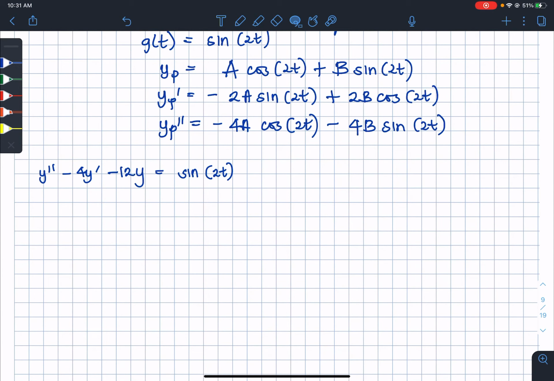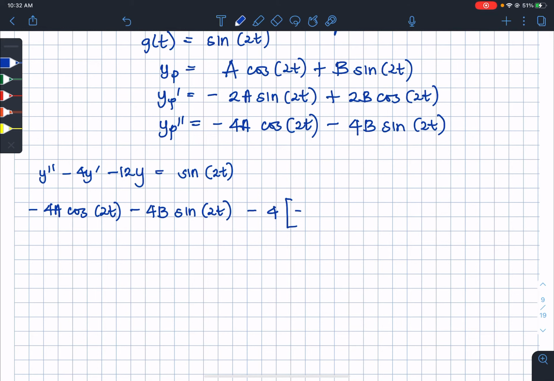For y double prime, we'll have negative 4a cosine 2t, then minus 4b sine 2t, and then minus 4 multiplied with y_p prime.